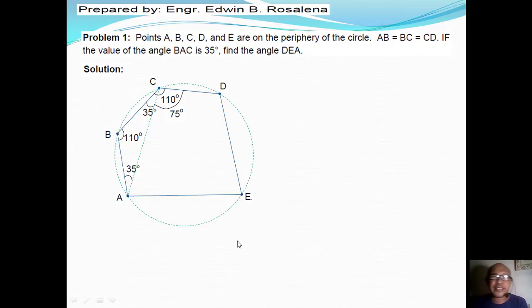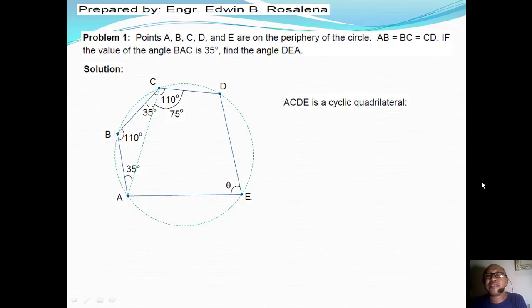And as you notice, we can consider quadrilateral ACDE. And quadrilateral ACDE is cyclic, without this triangle. So since this is a cyclic quadrilateral, then the angle 75 and the angle at E, which I represent by theta, the sum is equal to 180.